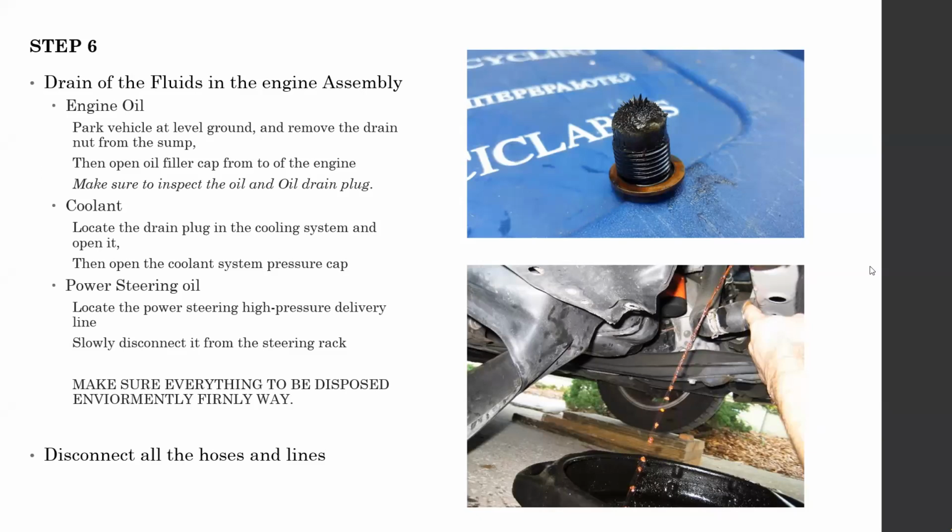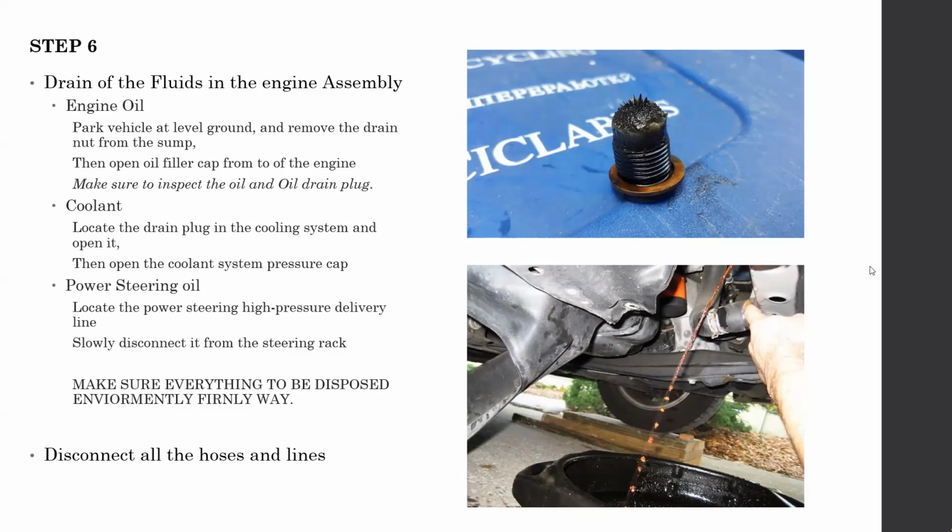When you are doing that, make sure you inspect the engine oil and the oil drain plug. You can see there's a picture of an oil drain plug, and you can see small metal components attached to a magnet. Most modern vehicles actually have this, and you can even install it in all vehicles. It's called a magnetic drain plug.